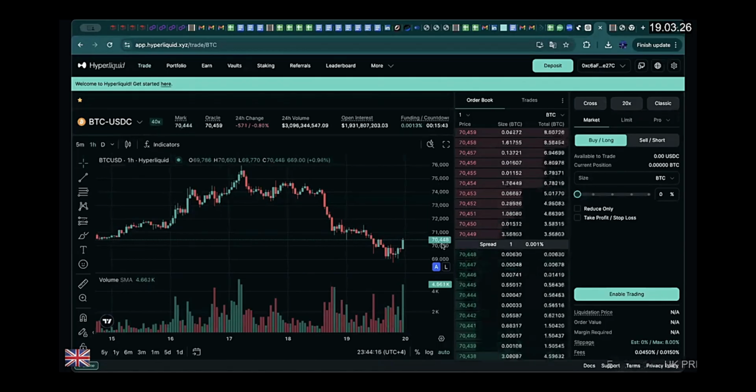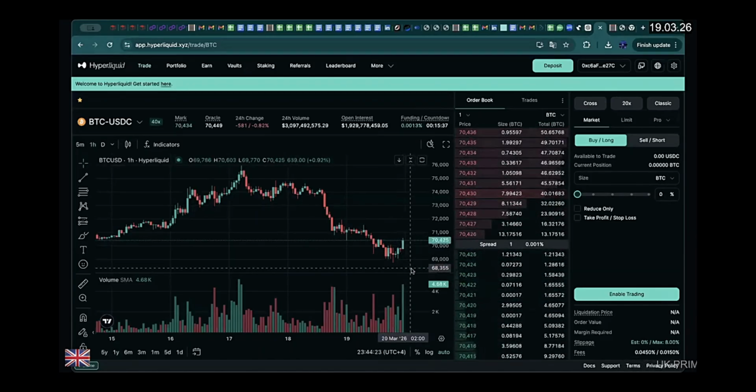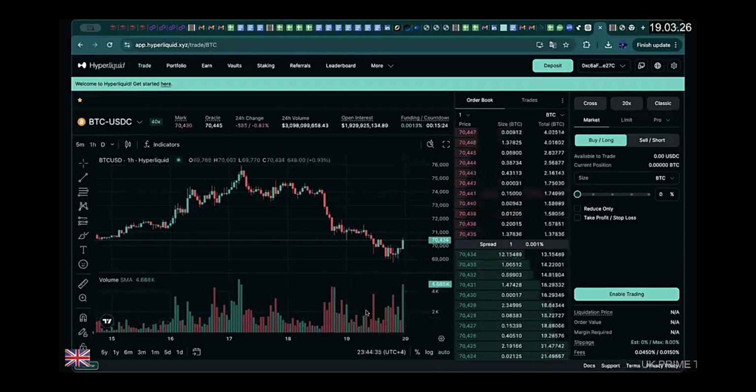Somebody would have made money during this volatility as well. The candle is moving up. If I had placed a trade on Rift on Bitcoin, I would have closed my position right now because the candle is moving up. It's not red. This is how volatile and how fast the market is.